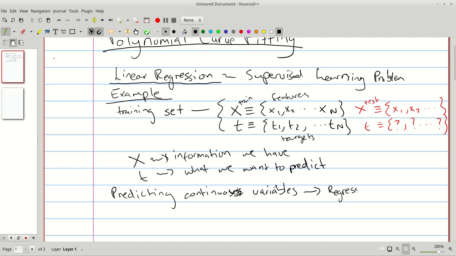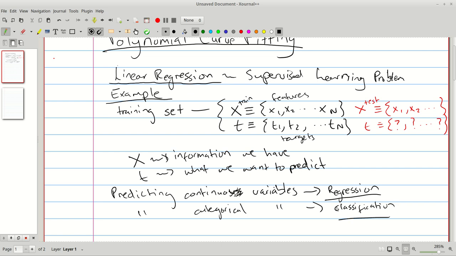The class of problems for this is called a regression problem because we're predicting continuous variables. When we're predicting categorical variables, like is it class A, class B, class whatever, this is what we call a classification problem.